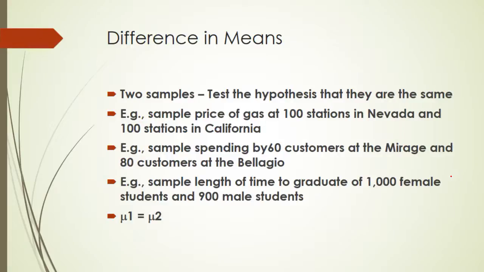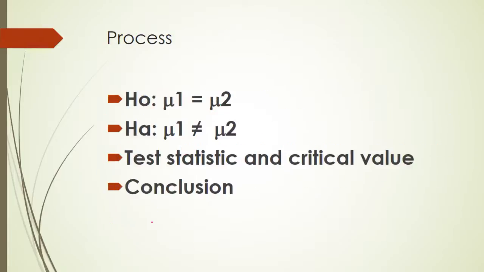Okay? So in that case, our null hypothesis, H0, becomes the mean of sample 1 is equal to the mean of sample 2. So, we're going to state in H0 that mu1 equals mu2. The mean of the gas prices in California is equal to the mean of the gas prices in Nevada.